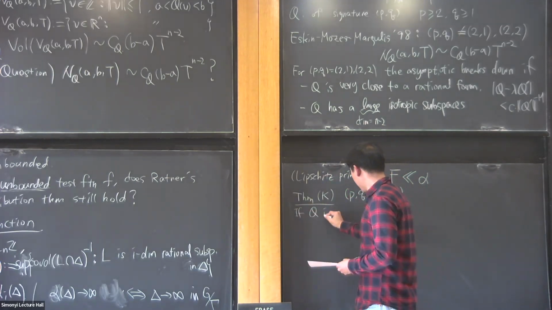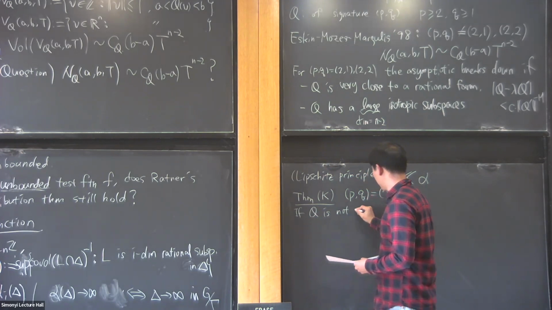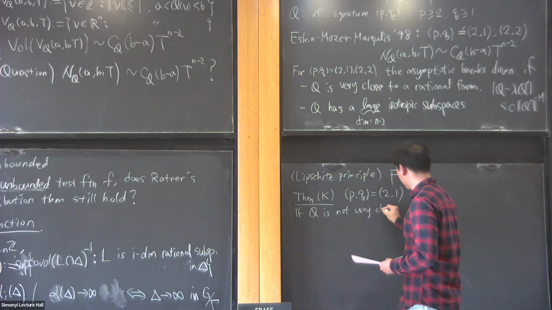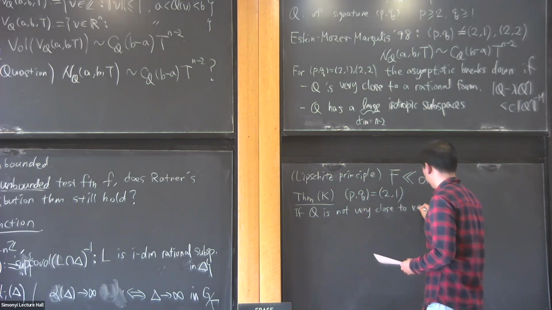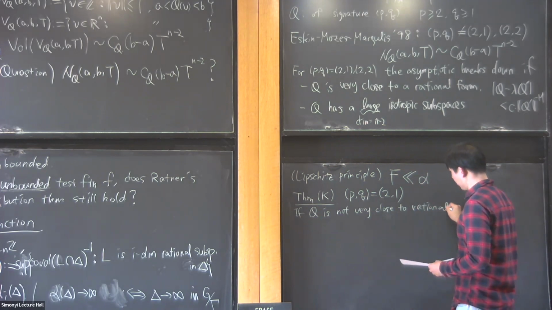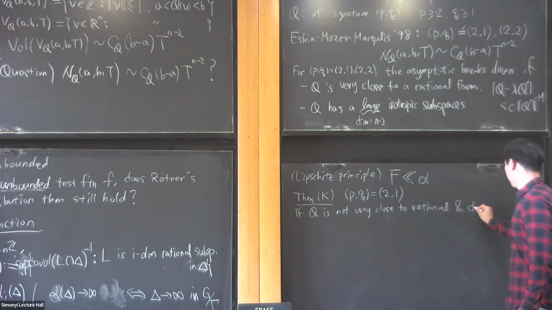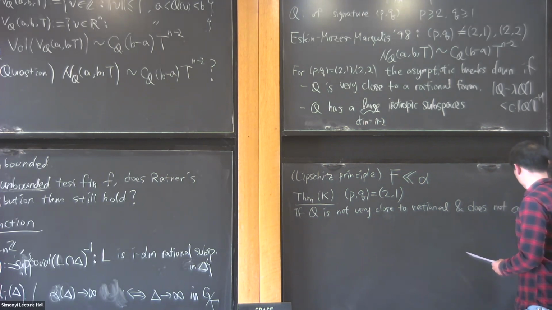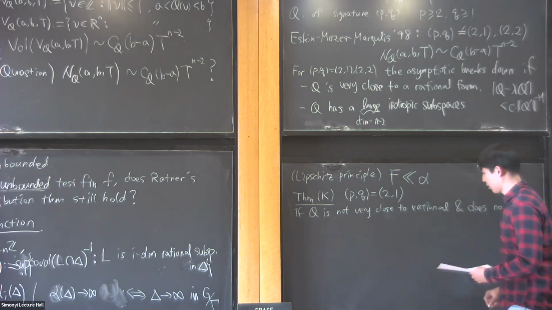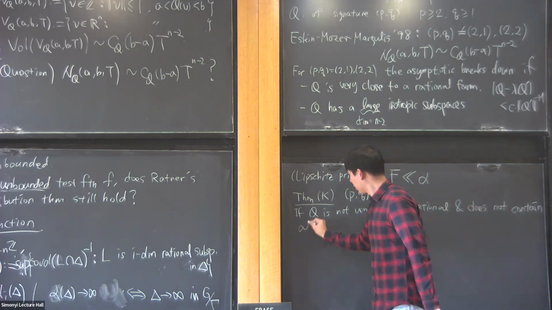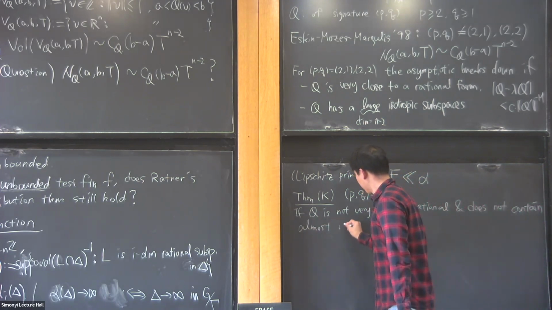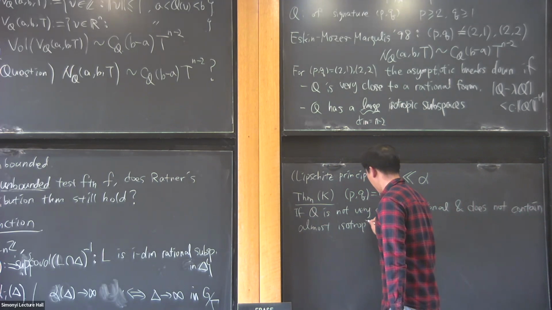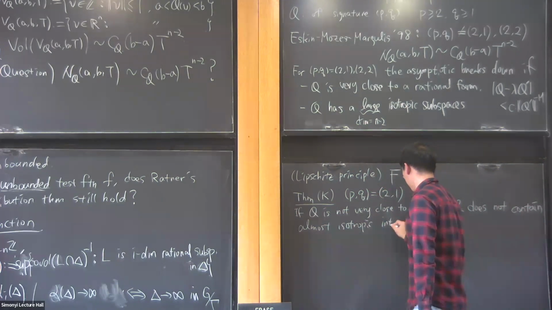I assume the same thing, Q is not very close to rational, and also that it doesn't contain almost isotropic integral vectors.